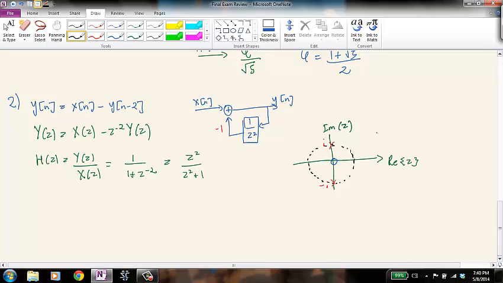This is the unit circle, and your region of convergence is, since it's causal, you know it has no outer boundary, so the region of convergence is all z's with magnitude greater than 1, right? But that's your boundary, and you have poles lying on the boundary.